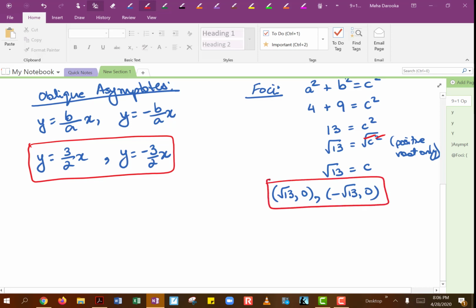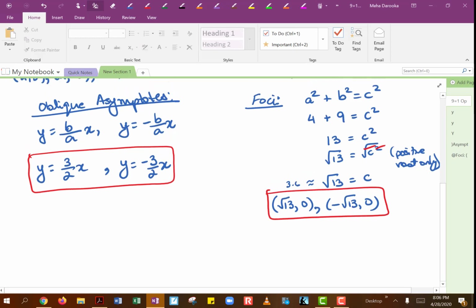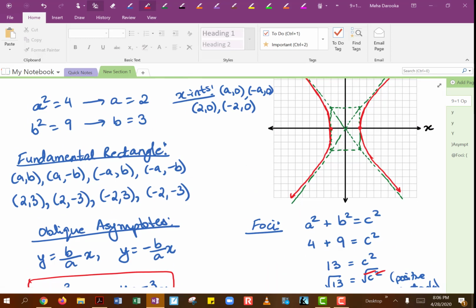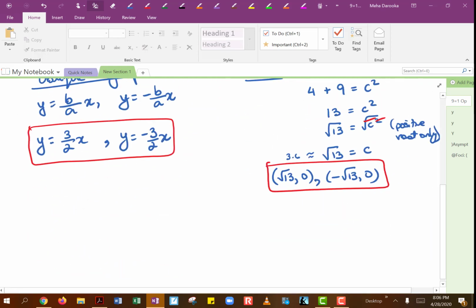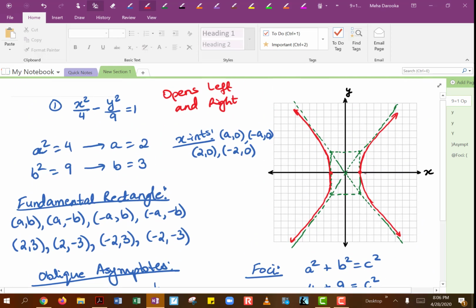Now if we just wanted to graph these on our coordinate plane, then let's just see quickly approximately what is square root of 13. And square root of 13 is approximately 3.6. So if we try to graph these on our hyperbola, 3.6 will be somewhere over here, and then negative 3.6.